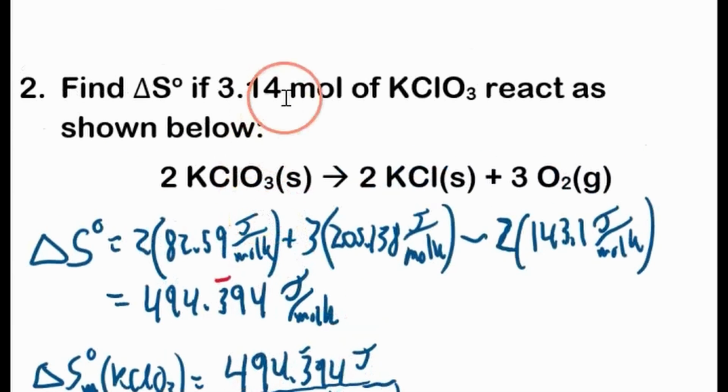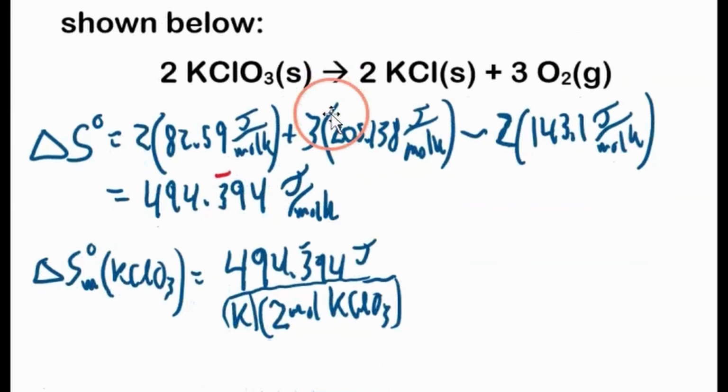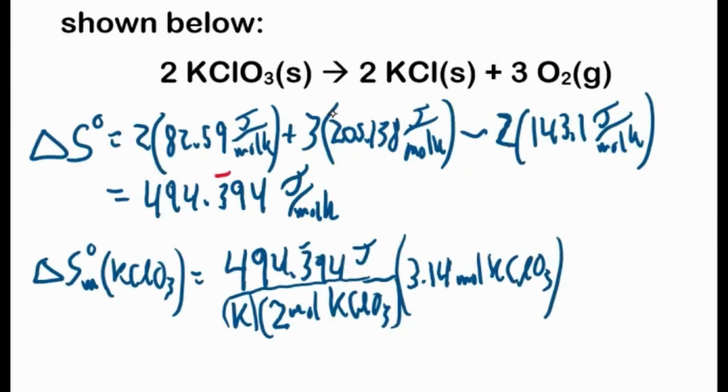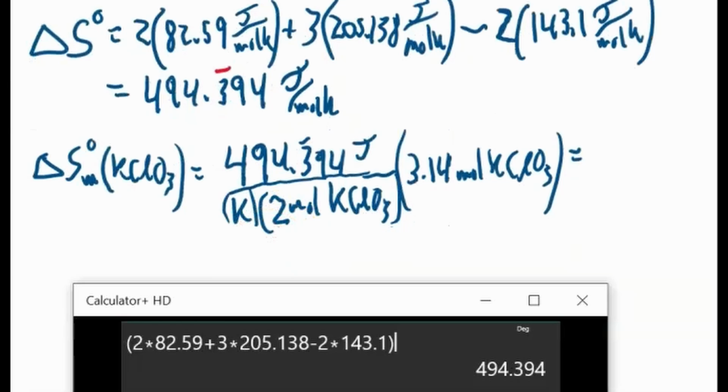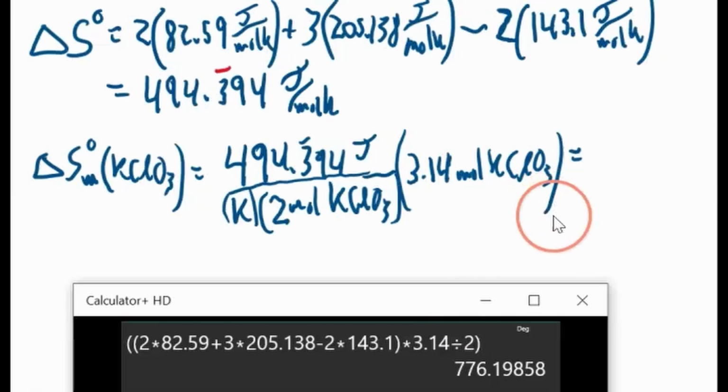Now, we don't have 2 moles of KClO3. We have 3.14 moles. So we're going to multiply this by pi. It just happens to be pi. 3.14 moles of KClO3. And that gives us something. We've got that number there, so all we've got to do is multiply it by 3.14 and divide it by 2. 776.